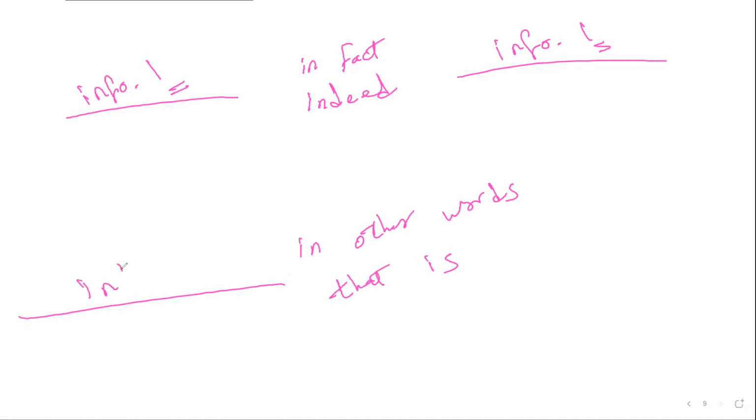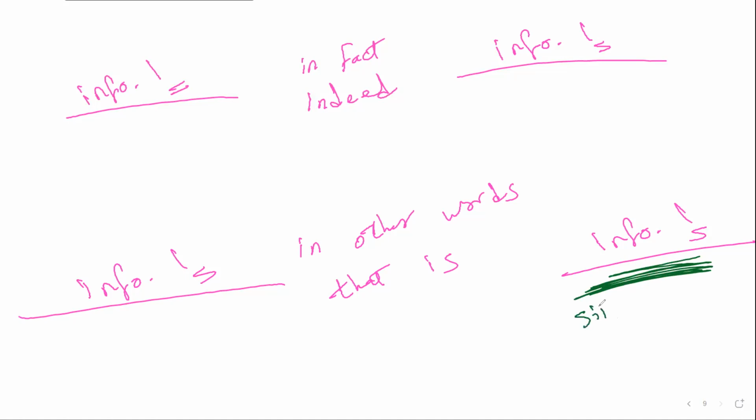This is piece of information one, and this is piece of information one. So we didn't state the difference. You notice now that what comes after is a simplified version of what comes before. Simple writing style.